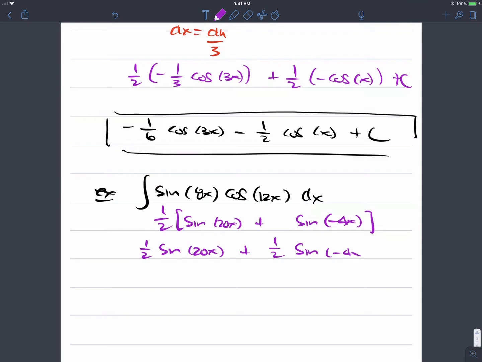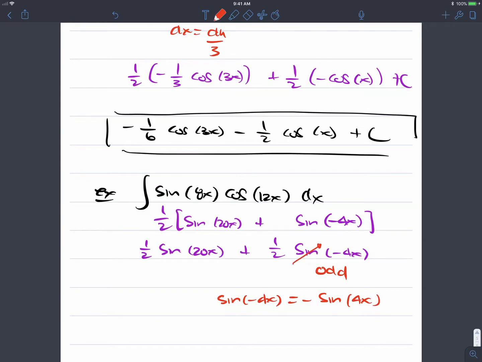Now let's be clear over here with what's going on. Sine of your negative 4x here. Now because sine is an odd function, let's write this here. Sine is odd. What that means is sine of that negative 4x can be replaced with minus sine of positive 4x.